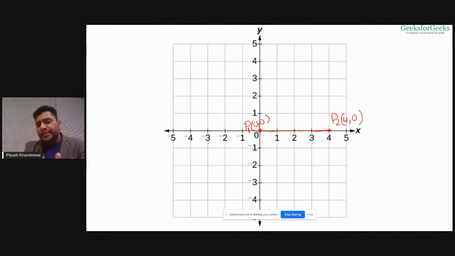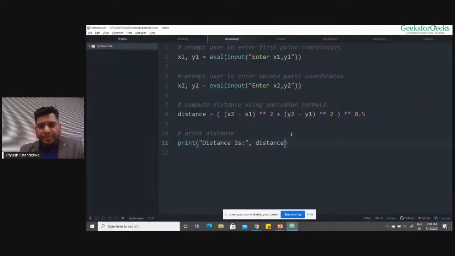So this is our test case with fixed output, where we know if P1 is 0, 0 and P2 is 4, 0, then the distance is going to be 4.0 everywhere in the universe, right? This distance is not going to change anywhere. So our program should also follow this. If we have written the correct program, our program should give the distance 4.0, right? Now let me try to run this program.